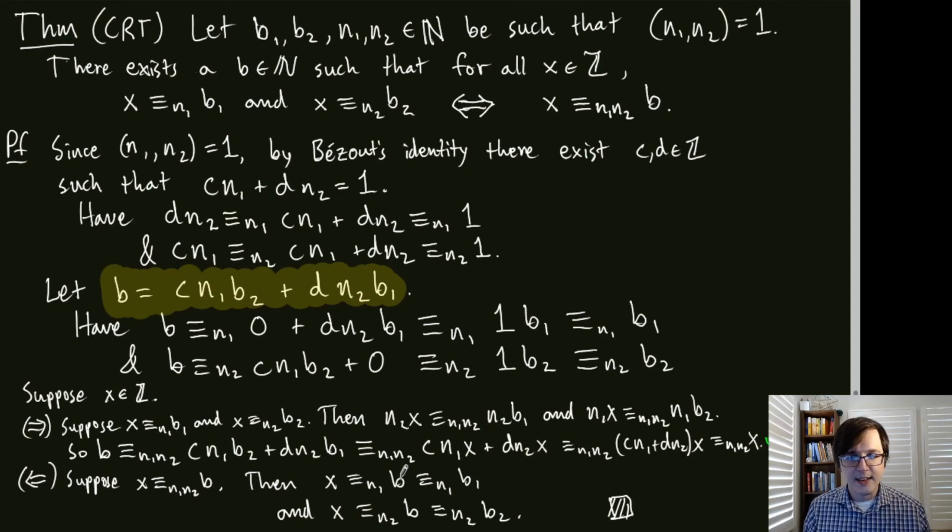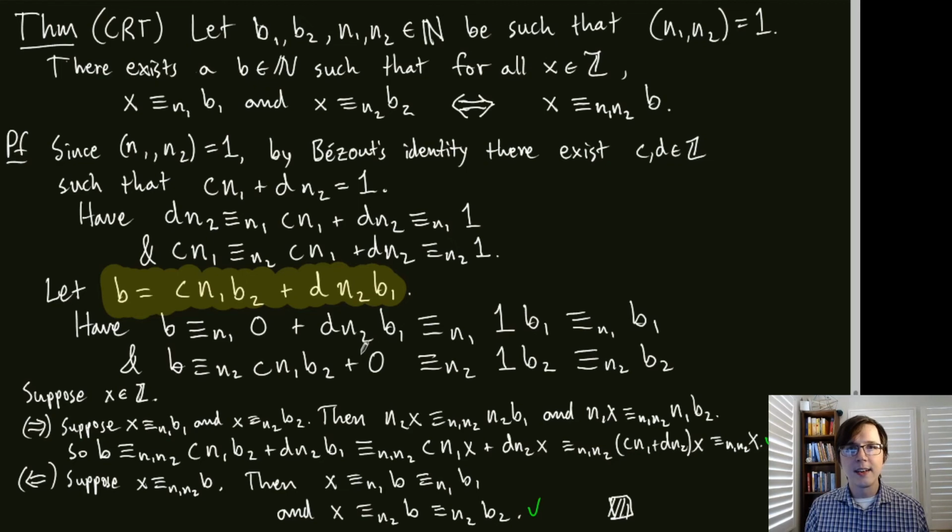And then b is congruent, as we saw, to b1 modulo n1. So x is congruent to b1 modulo n1. And similarly, x is congruent to b2 modulo n2. So indeed, what we needed to show has been shown. Both implications hold, so it's a logical equivalence. So we've shown the conclusion with this b.